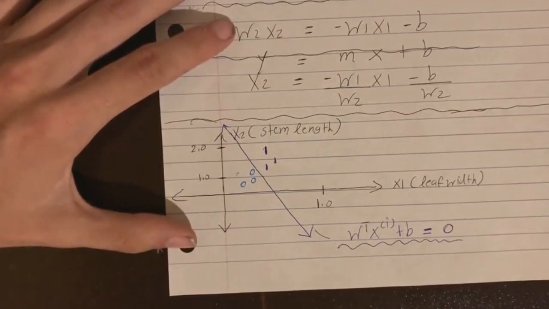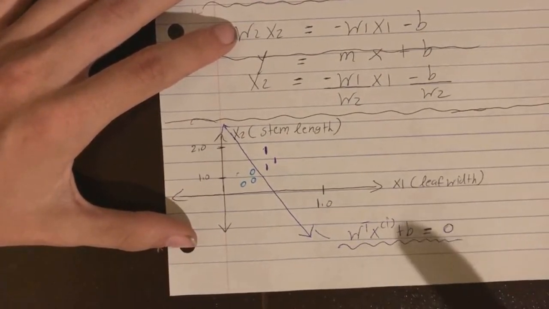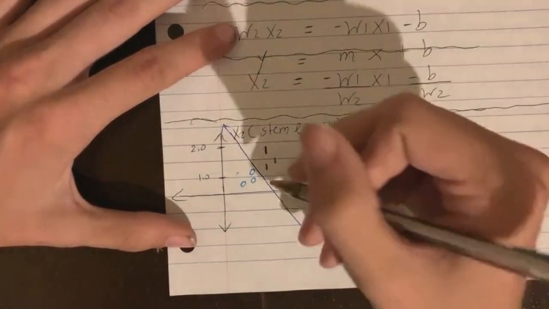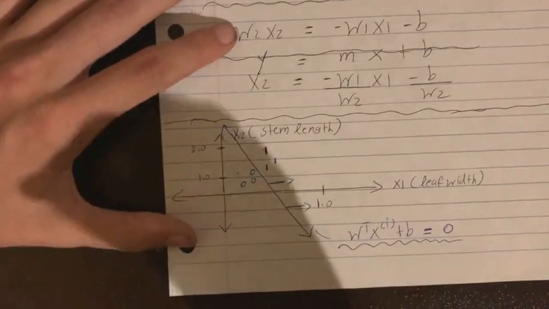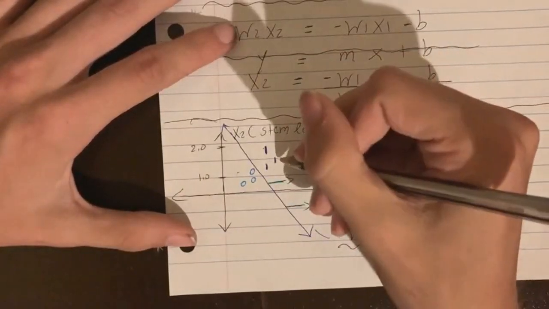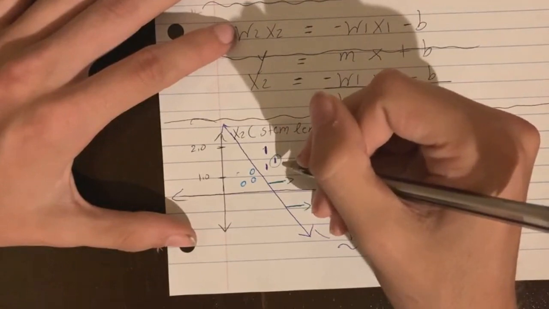All right, so now I'm going to describe how we actually make the classification mathematically. What I said earlier was if you're to the right of this line, then you're classified as a 1, or Iris virginica.